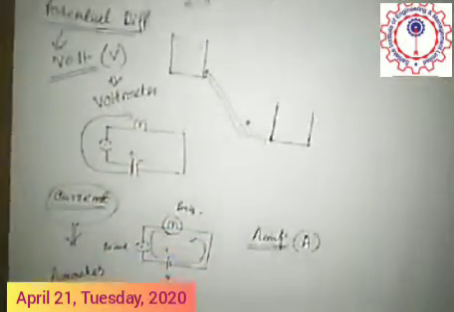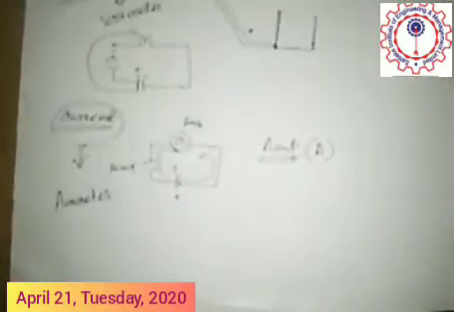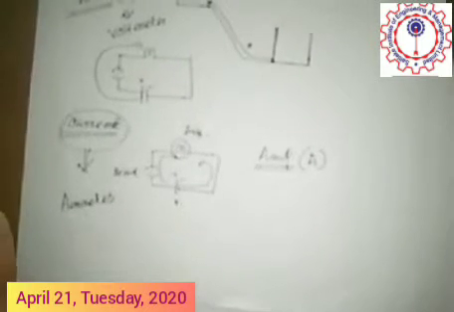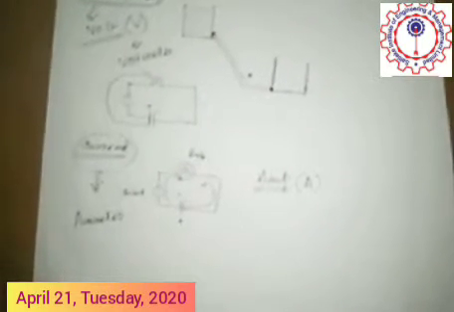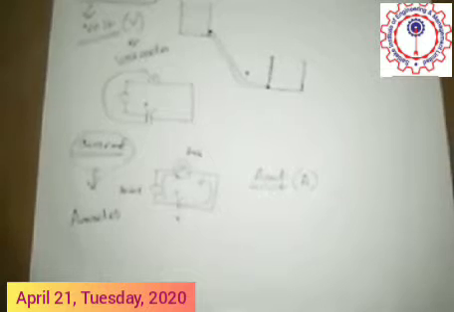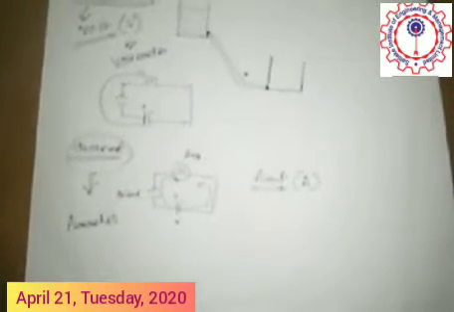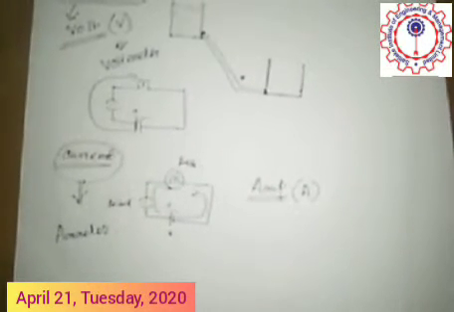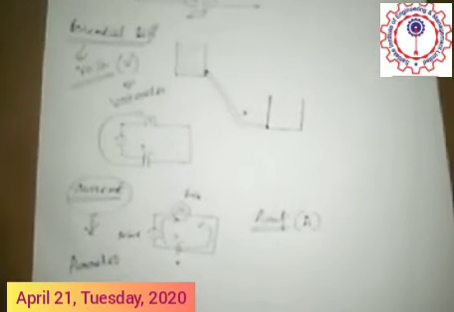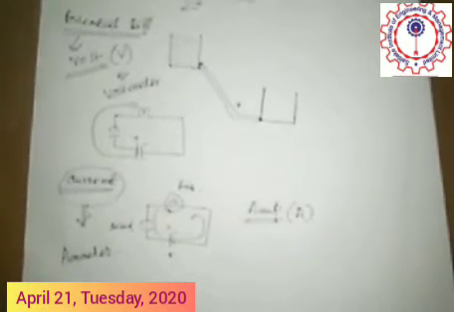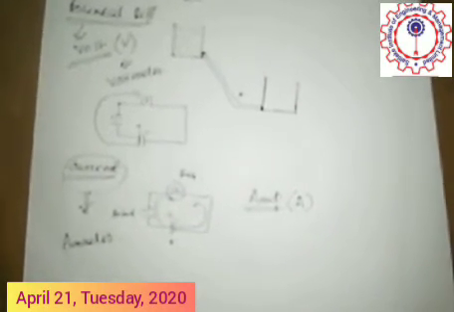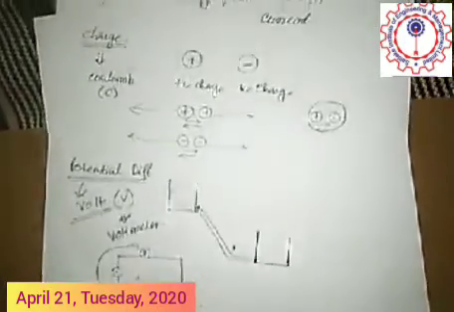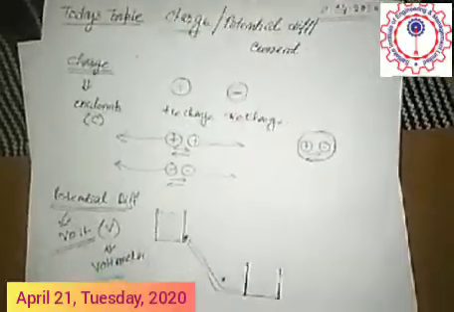Everybody knows the digital multimeter today. Now I think you understand these basic three topics: what is charge, what is potential difference or voltage, and what is current. So in my next class I will discuss different parameters like resistance, inductance, capacitance and so on. Thank you.